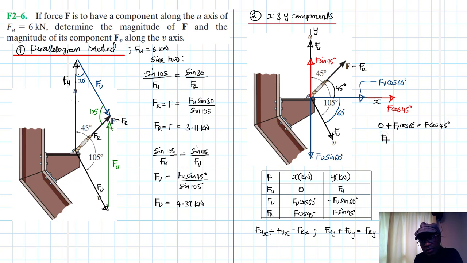Fv therefore is just equal to F cos 45 divided by cos 60.